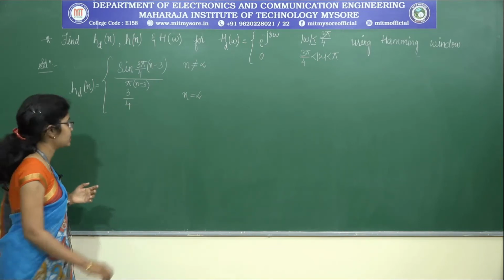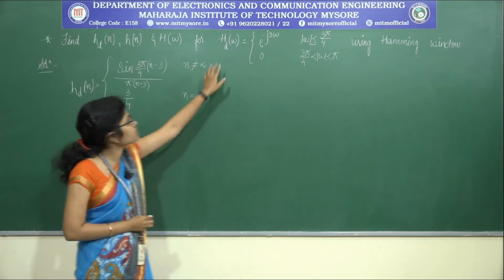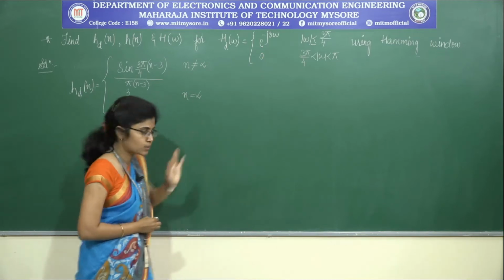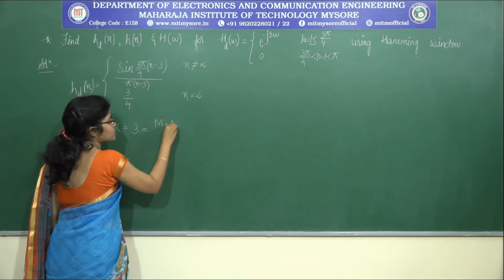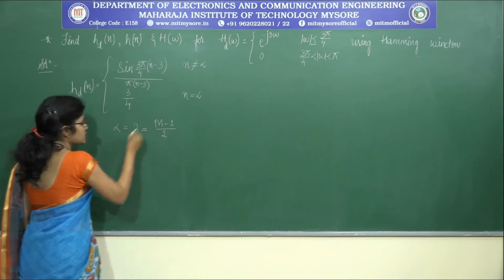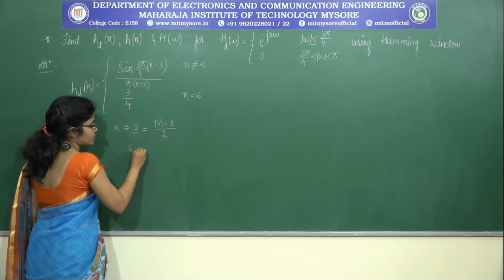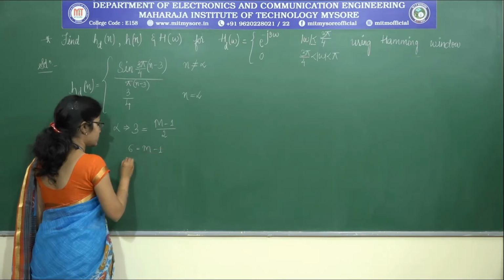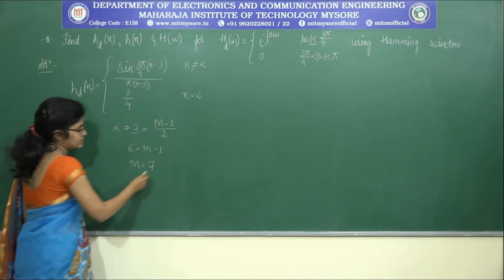So if I try to find out the value of m, we know alpha is equal to, what is alpha according to the given case? It is equal to 3, which is equal to m minus 1 by 2. So if I try to find out m, 6 is equal to m minus 1. Therefore, m is equal to 7. So what I can tell, it is an odd number.